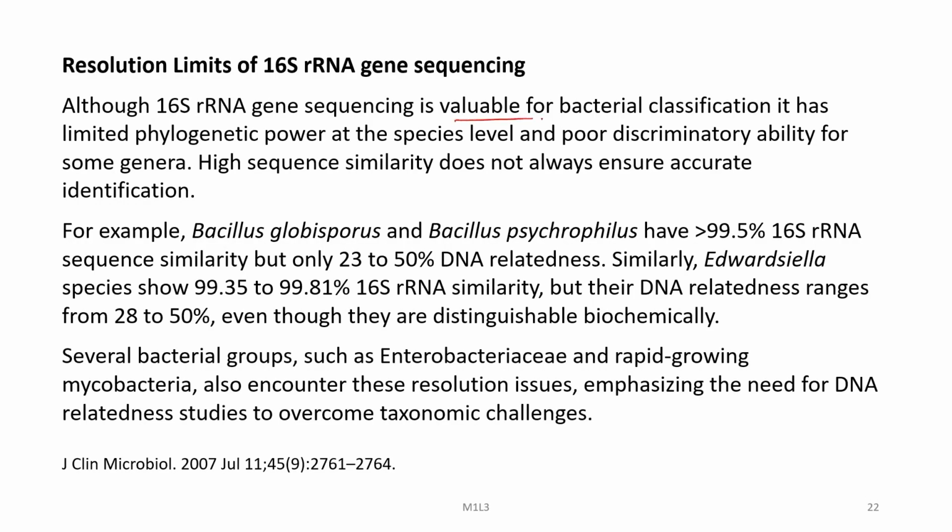There is no doubt that it is a very valuable tool for bacterial classification, particularly in delineation of genera, but it has limited power at the species level and poor discriminability for some genera. This is not specific for every genus, only in particular genera they have very poor resolution. High sequence similarity does not always ensure accurate identification. This is something important to remember.